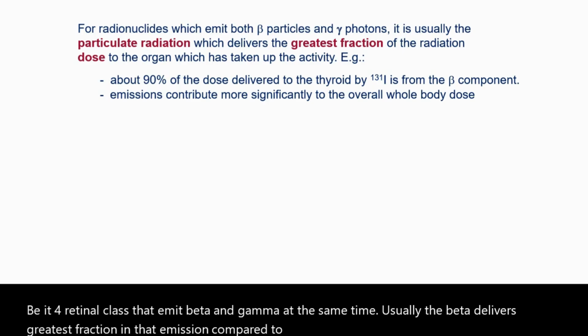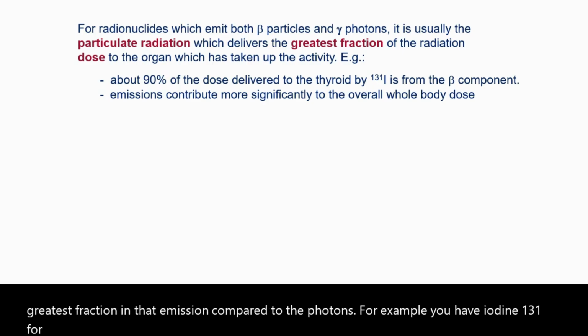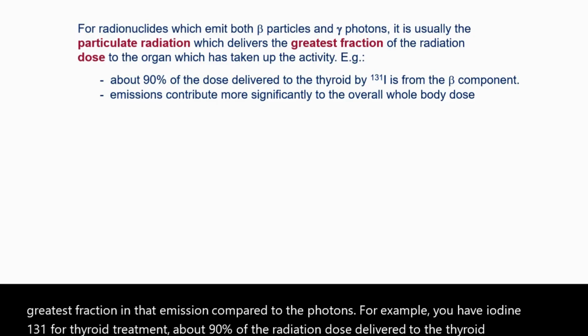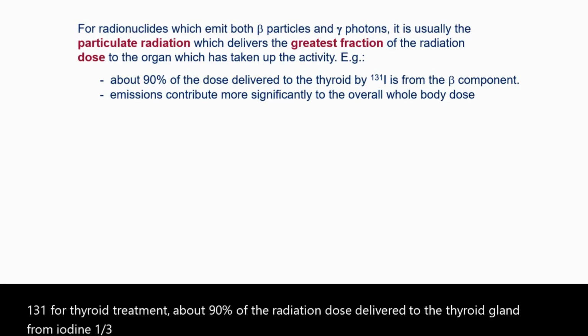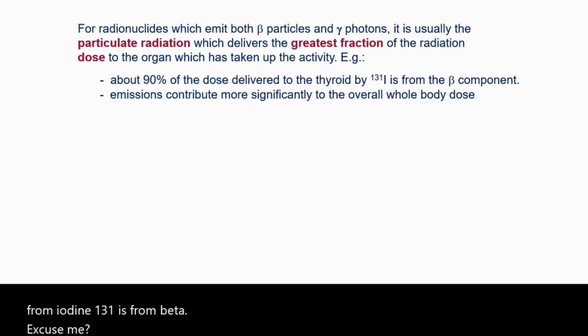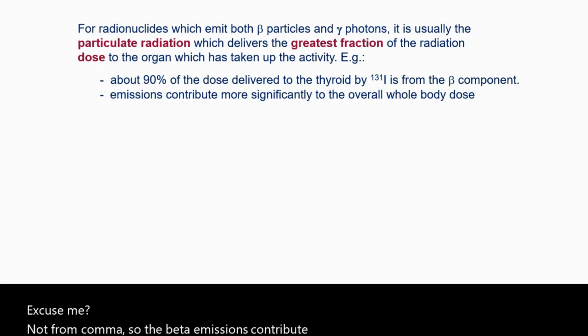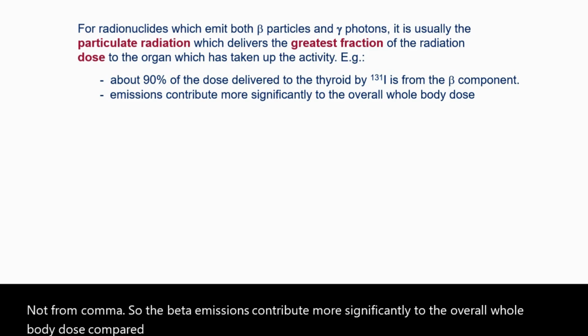For example, you have iodine 131 for thyroid treatment. About 90% of the radiation dose delivered to the thyroid gland from iodine 131 is from beta, not from gamma. So the beta emissions contribute more significantly to the overall whole body dose compared to gamma emissions.